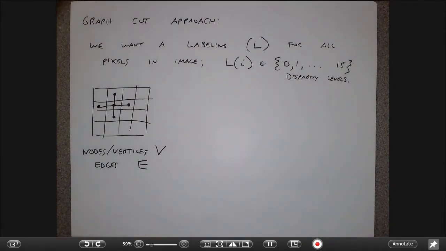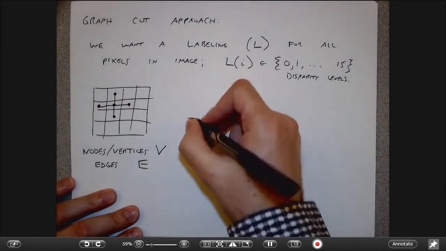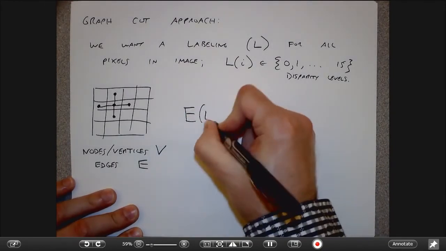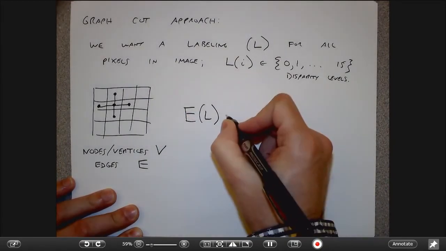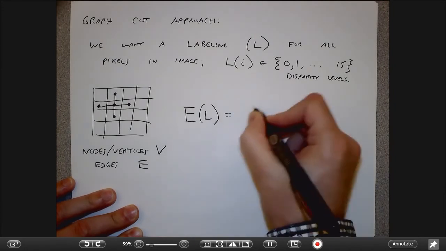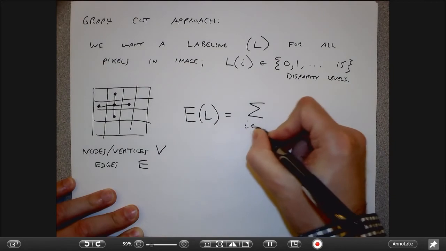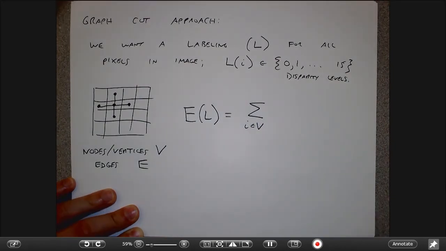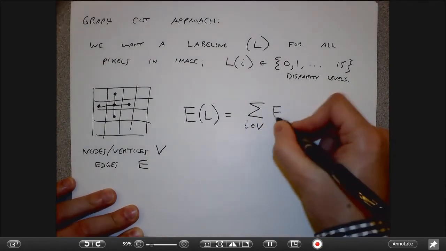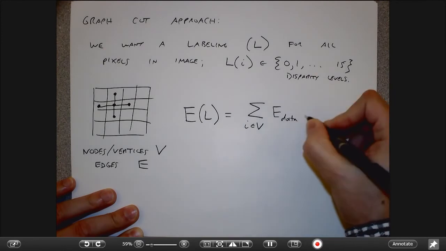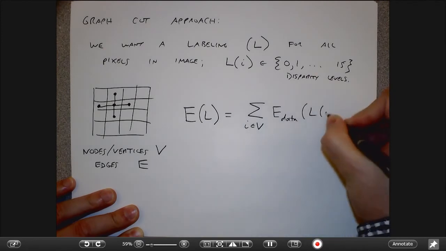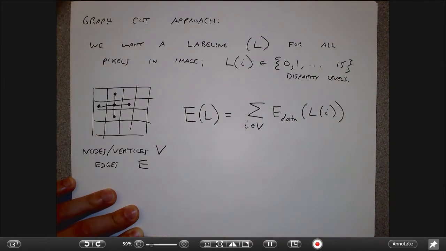And then what I want to do is minimize a cost function across the labelings of all the pixels at once, right? So I have this energy function of my labeling that looks like one term that, over all of the pixels in the image, is some sort of a data term that says how good is that label?